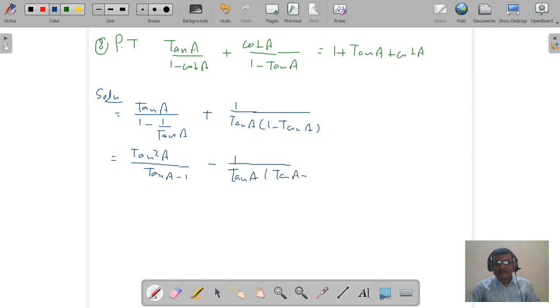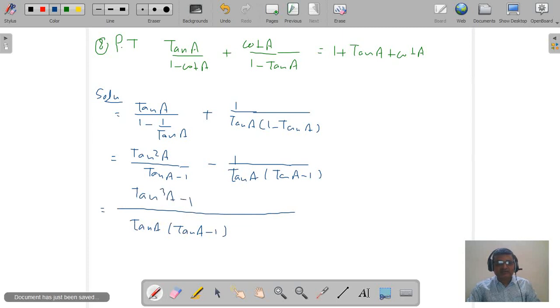Here we are writing tan A minus 1; earlier it was 1 minus, that is why minus we have taken common. Now we are taking LCM. So tan A minus 1. So this will be equal to tan cube A minus 1.